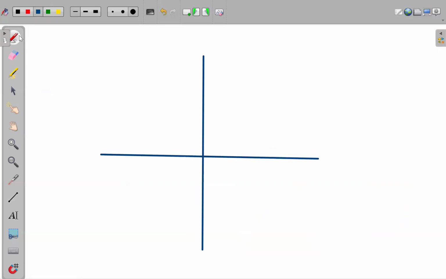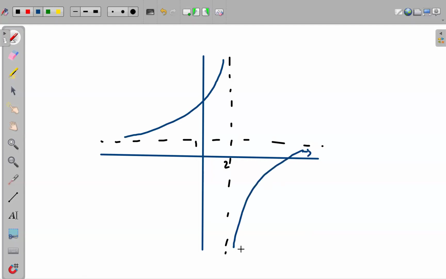Look at this. Let's argue I've got a hyperbola here. I just want to show you how this also helps with your functions. Let's say that's a 2. And let's say this here is a 1. And maybe our hyperbola for today goes in the second quadrant and the fourth quadrant, like that.